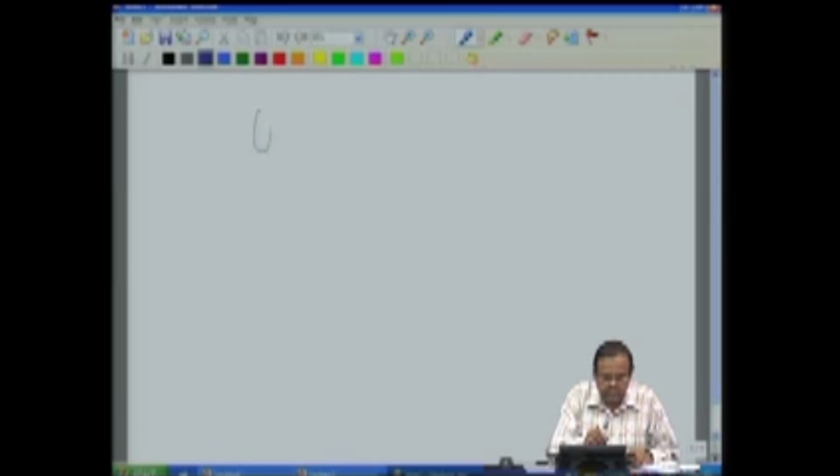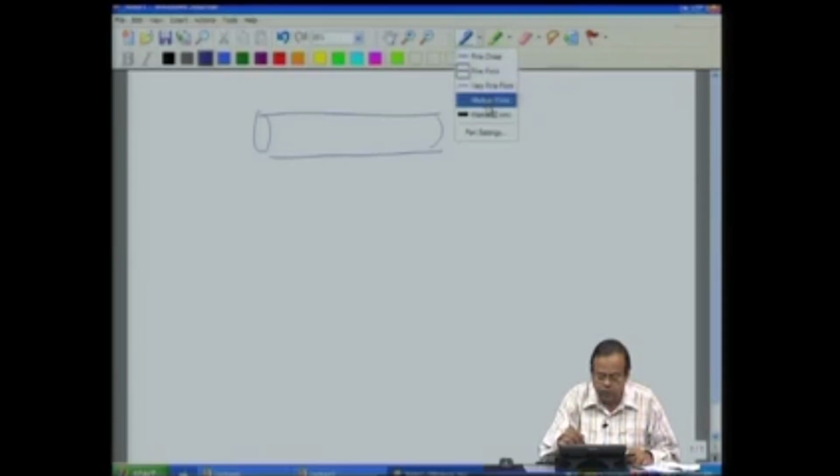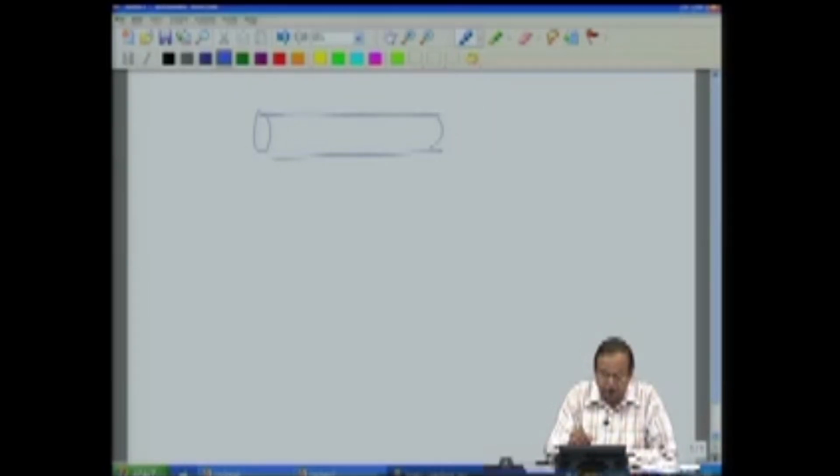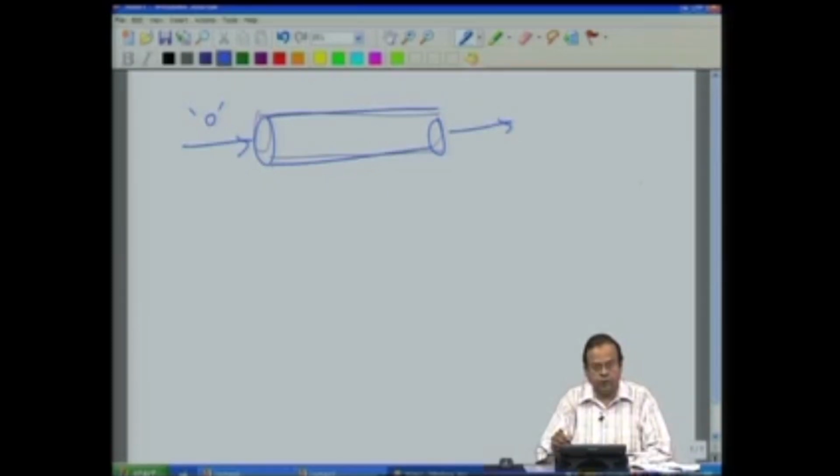So, let us say that this is our reactor. Let me make this a little darker. So, this is our reactor, let us say, and there is an entry point, everything we denote with subscript 0, and there is an exit point.